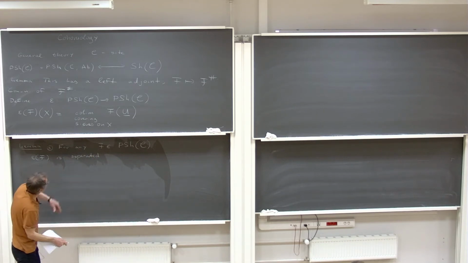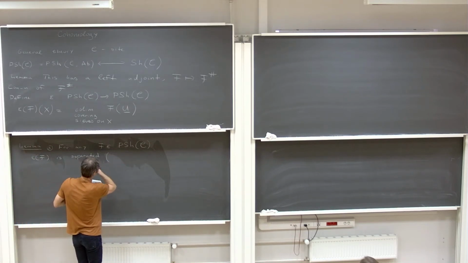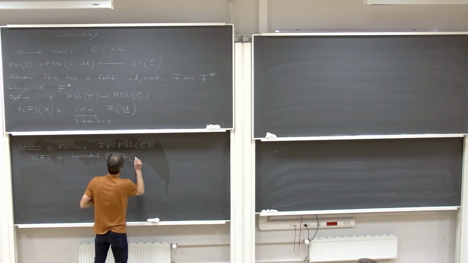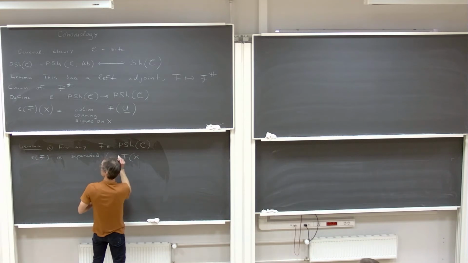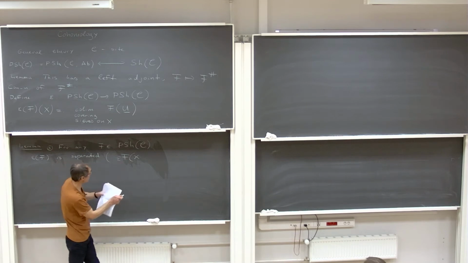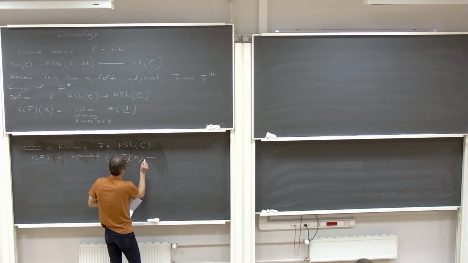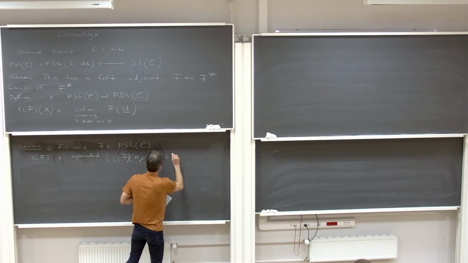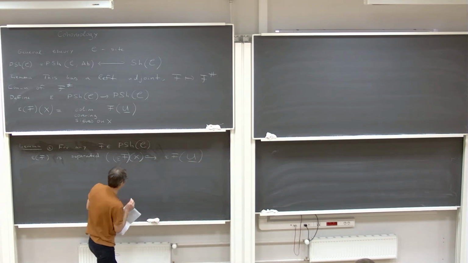And separatedness means that f of x, epsilon of f of x maps injectively to epsilon f of u for any covering sieve.